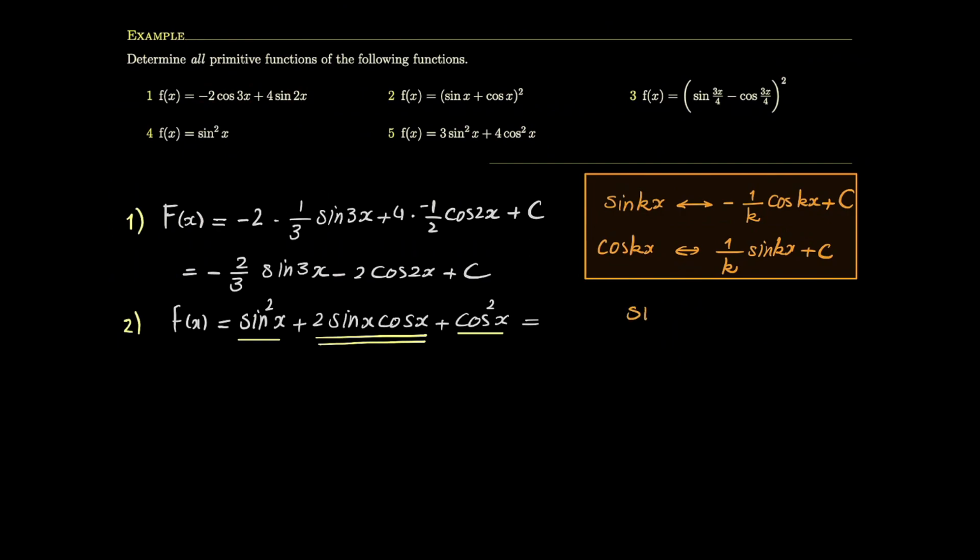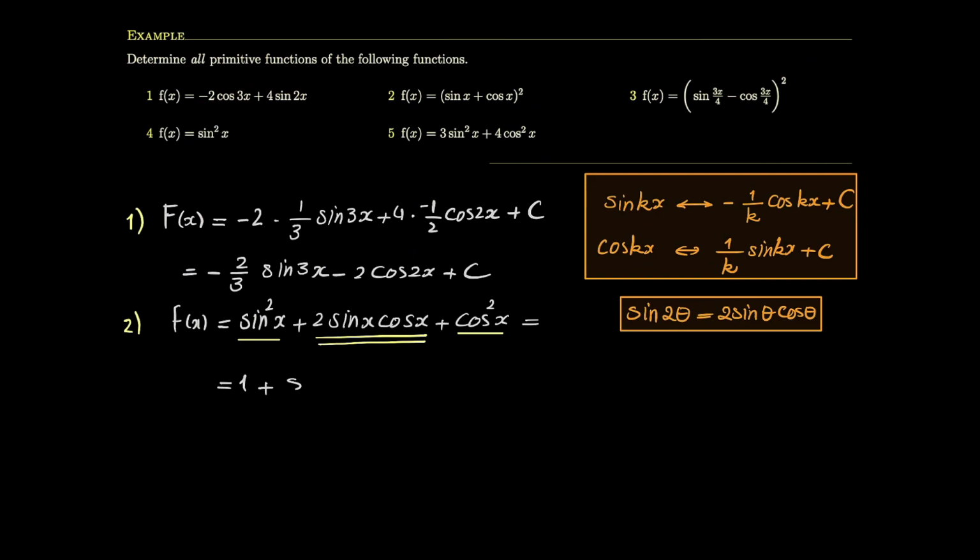If you remember sine 2 theta, we learned in chapter 2, it is 2 sine theta cosine theta. So when it comes to primitive functions of trigonometric functions, you need to also be ready to actively use the formulas in trigonometry as well. So sine squared plus cosine squared is, as you said, 1.